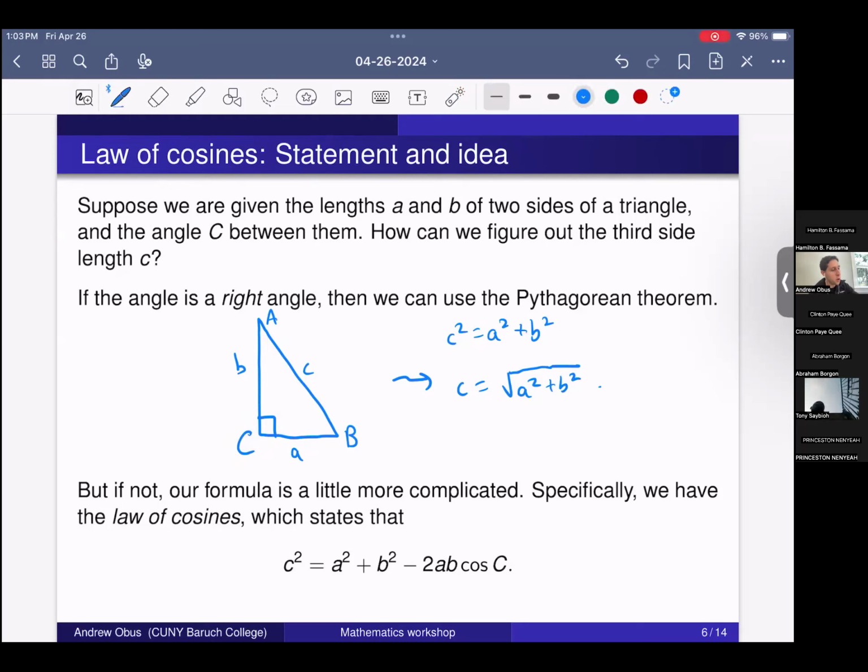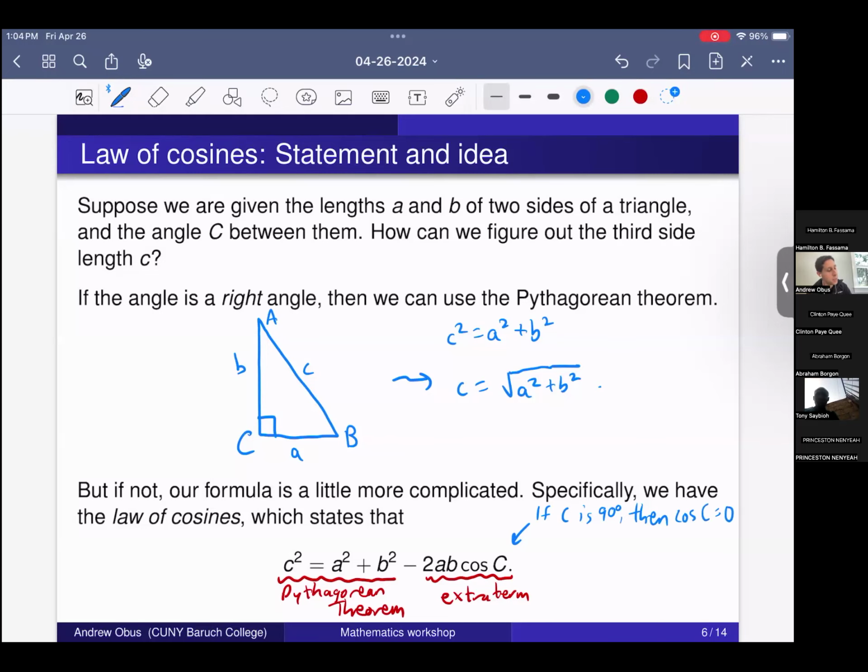If you look at this over here, this part here is just the Pythagorean theorem. C squared equals a squared plus b squared. But if your angle is not a right angle, then you have an extra term here for C. Something to note is that if C is 90 degrees, then cosine of C is 0, right?